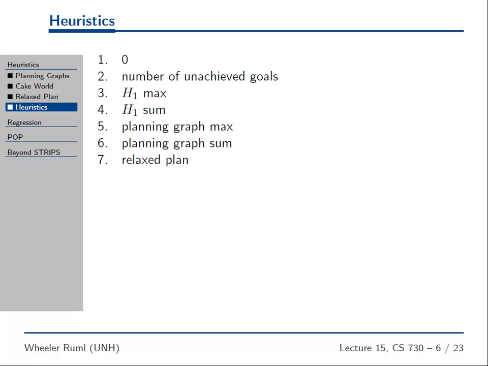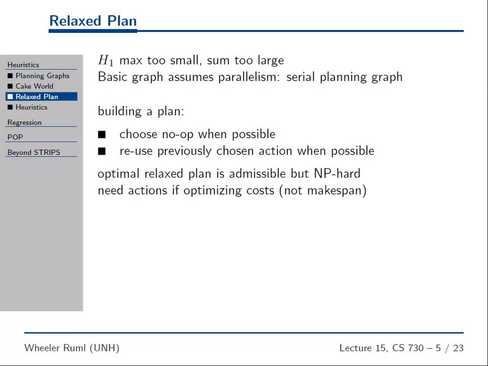Forming a relaxed plan, we talked about at the very end of class. And so let me just mention that again, just in case people were not listening. We're going to actually extract actions that support the goal literals out of the planning graph. So first of all, we're going to build a real planning graph, not just this little dinky reachability graph that you do for H1.